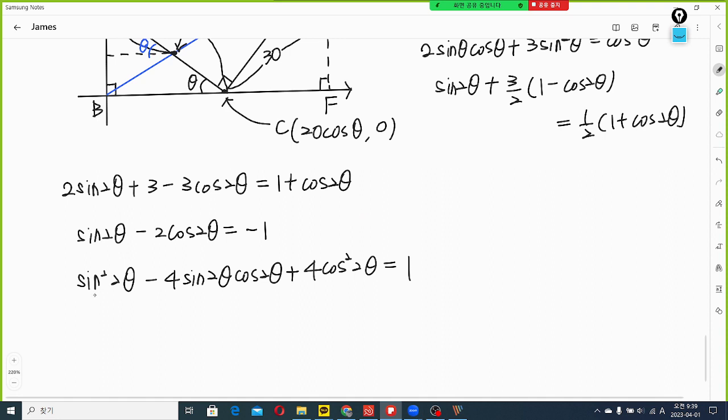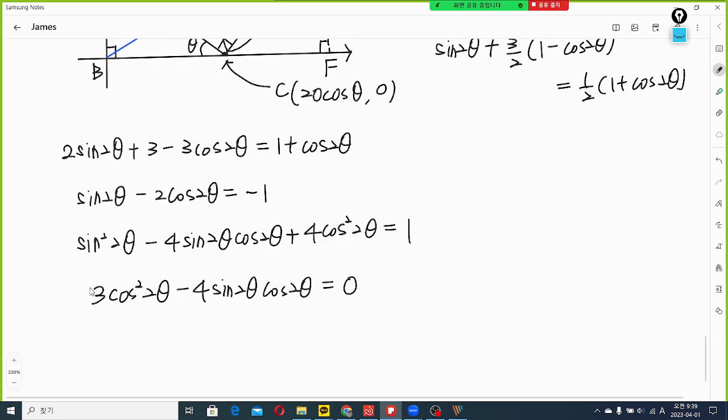And because sine squared and cosine squared is always equal to 1, we can cancel 1. And in this case, cosine 2 theta is not 0.